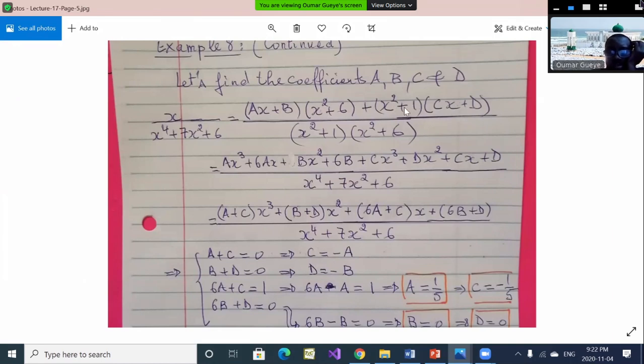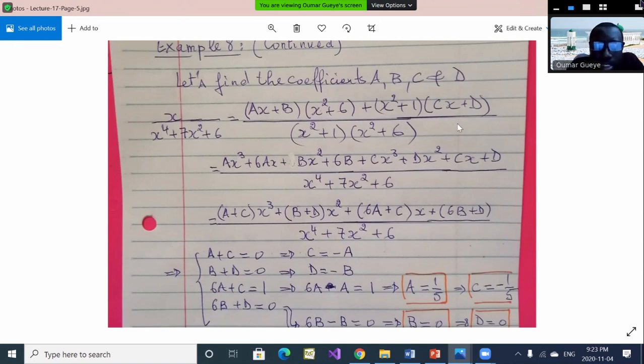And we expand it. When you expand the denominator, you get the same thing. And when you expand it here, we've got ax cubed plus 6ax plus bx squared plus 6b. And from the second term, it's going to be cx cubed plus dx squared plus cx plus d.